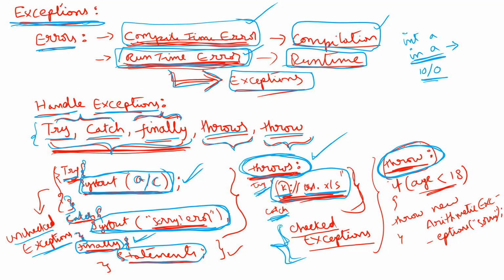In those cases, we use the throw keyword. An example is, I want to check the age of voters. So if age is less than 18, then I want to throw an exception here. I'll say throw new arithmetic exception, sorry. So this is how I can use a throw keyword. We will see an example on this one as well.